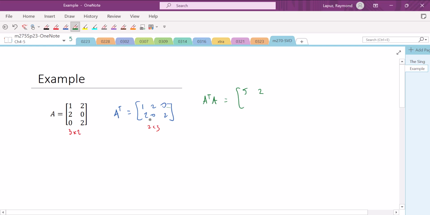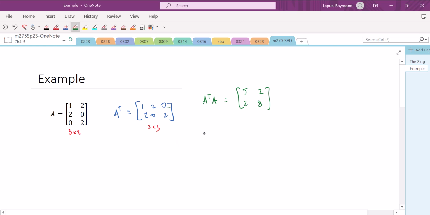And then 2, 0, 0 times that is going to be a 2, and then the last element would be 2, 0, 2 times 2, 0, 2, so 2 times 2 is 4, 4 plus 4 is 8. So this is our A transpose A, and as expected, it's a symmetric matrix, it's a square matrix.